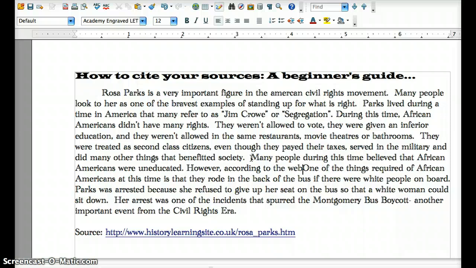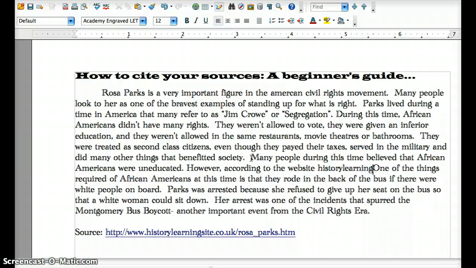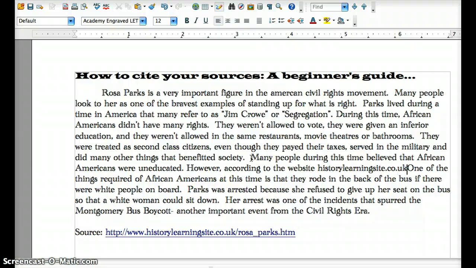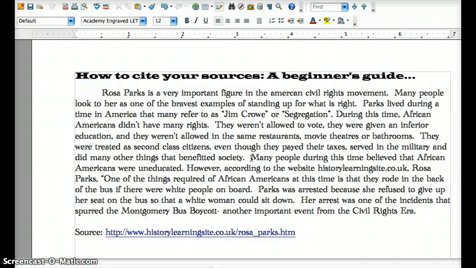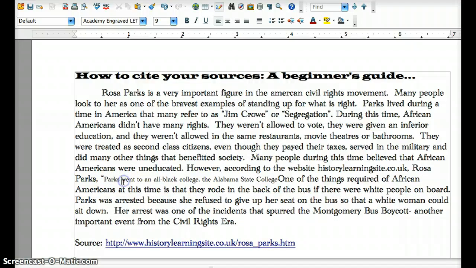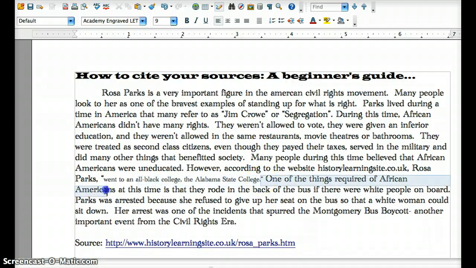According to the website historylearningsite.co.uk, Rosa Parks, here's my quote, went to an all-black college, the Alabama State College, period, end quote. I notice it came in a slightly different size, so I'm going to fix that. Okay, I've said where it came from, I use the author's exact words, and I put it in quotes.